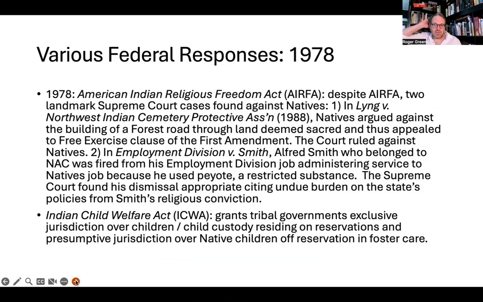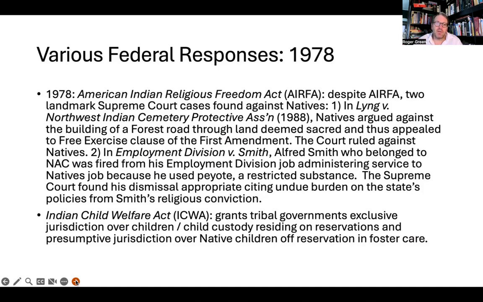And so we see that there are two landmark Supreme Court cases after 1978. The first is Lyng versus Northwest Indian Cemetery Protective Association in 1988, where Natives argued against the building of a forest road through land deemed sacred and thus appealed to the Free Exercise Clause of the First Amendment. The Supreme Court ruled against the Natives.